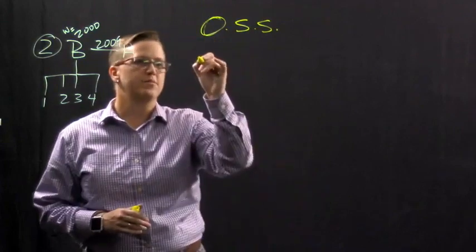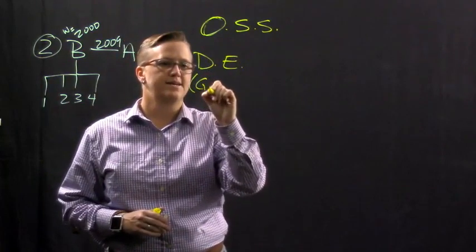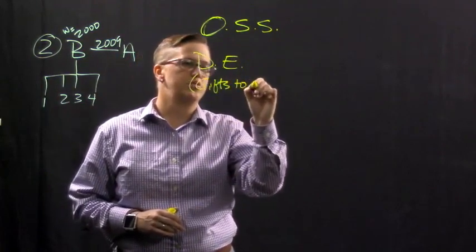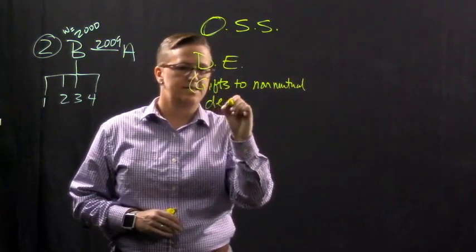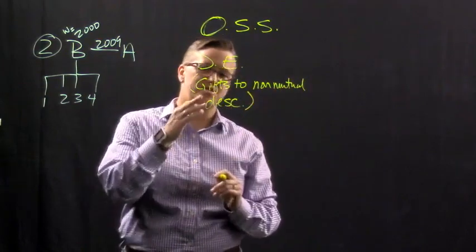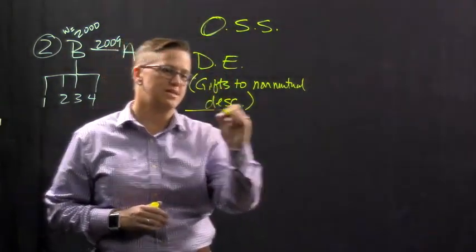So what's the formula? It's the distributable estate minus gifts to non-mutual descendants. When we say gifts, what we're talking about are gifts in the will. I should probably call that a devise to non-mutual descendants.